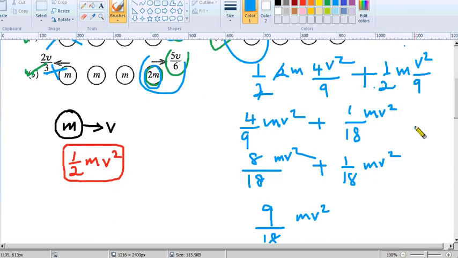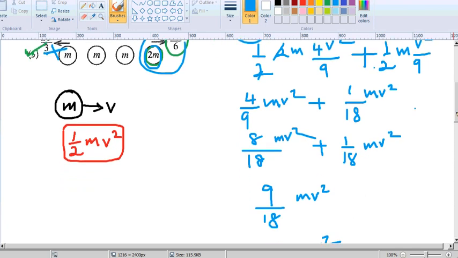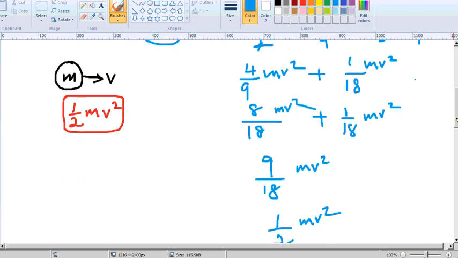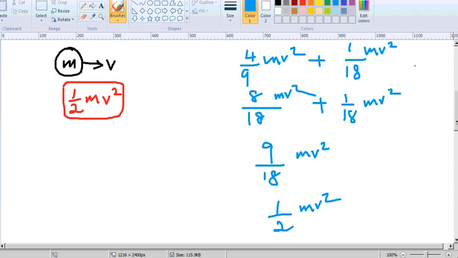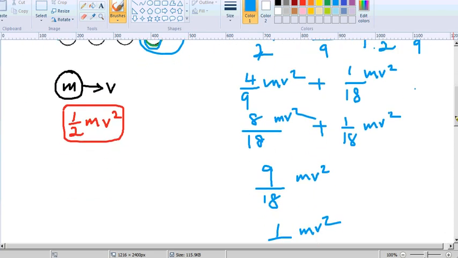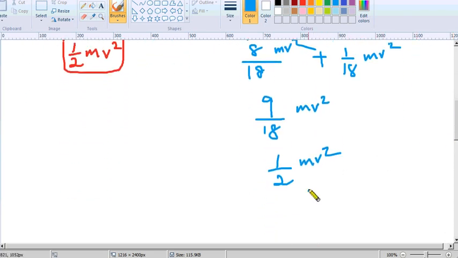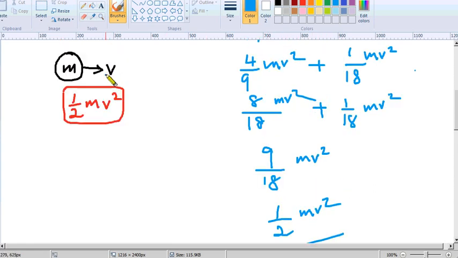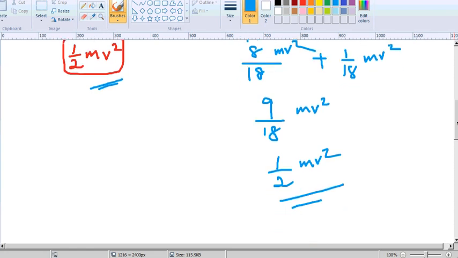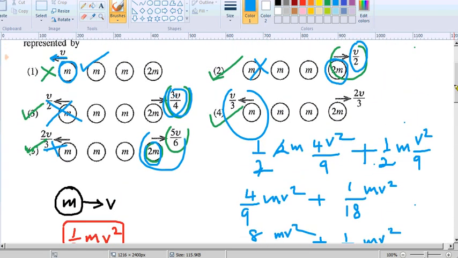Simplify. Okay, I simplified, easy, not very difficult. So you can pause the video and see all the lines. So we get half mv squared. So initially it was half mv squared, so finally also half mv squared. So this one is correct.